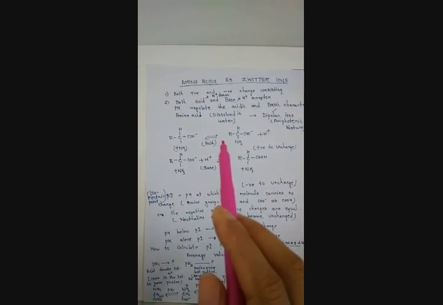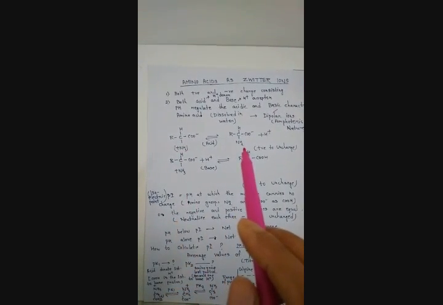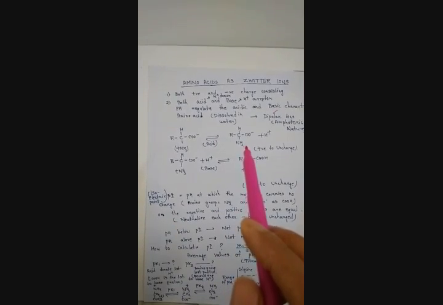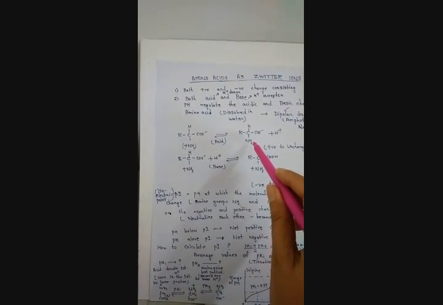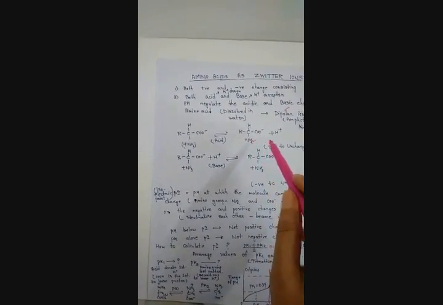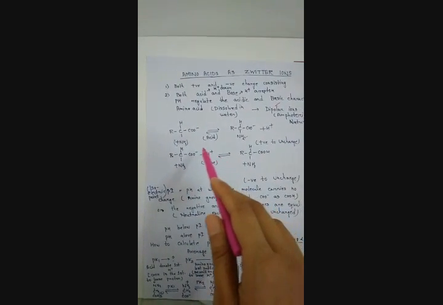So next, in this reaction the positive charge is converted to uncharged, right? This one, the NH3 plus, becomes NH2, so positive to uncharged. And in this case the negative charge becomes uncharged, that is COOH, correct?